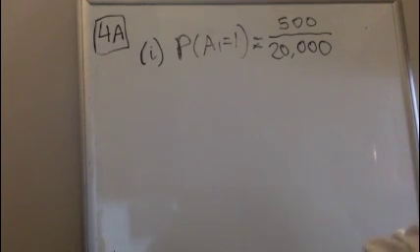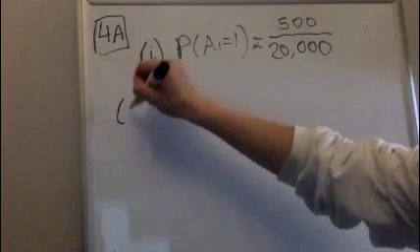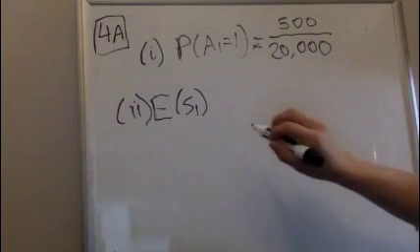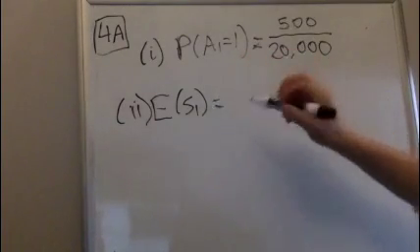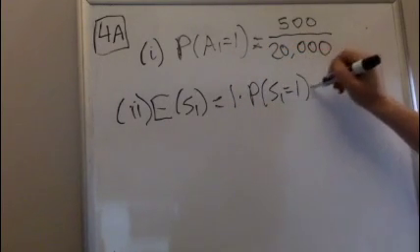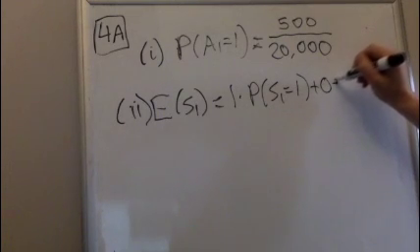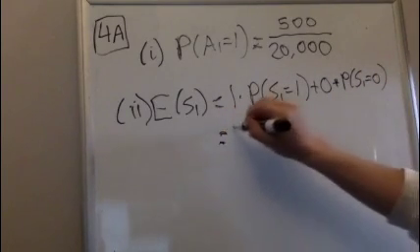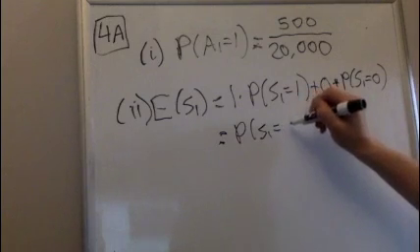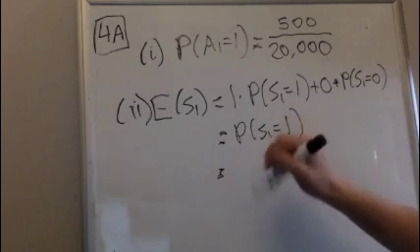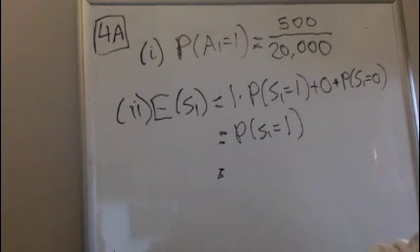Part 2 is asking expected value of S1. Well, S1 can either be 1 or 0, so using the formula for expectation, and using the same logic as above, the probability that we draw an S marble is just number of S marbles, which is 1,800.